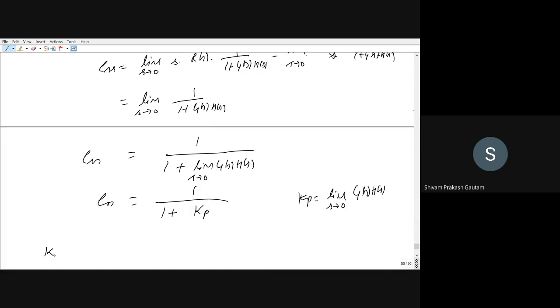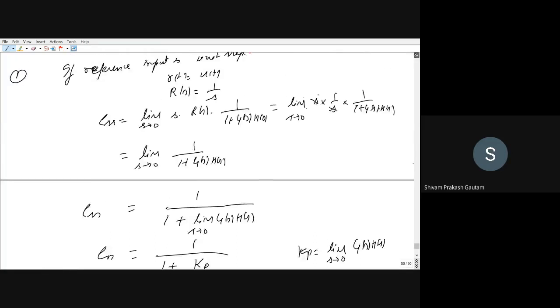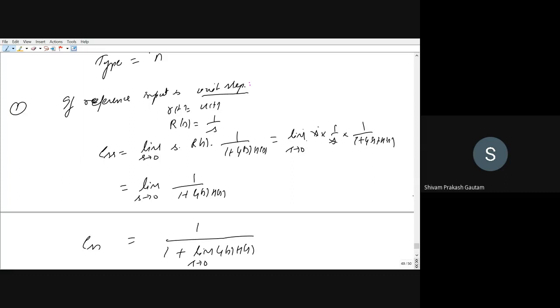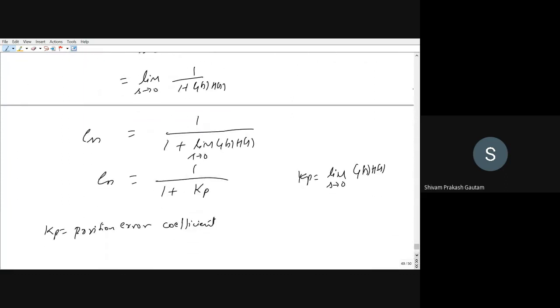So Kp is called the position error coefficient. Whenever you have a unit step as an input, the error coefficient is called the position error coefficient.